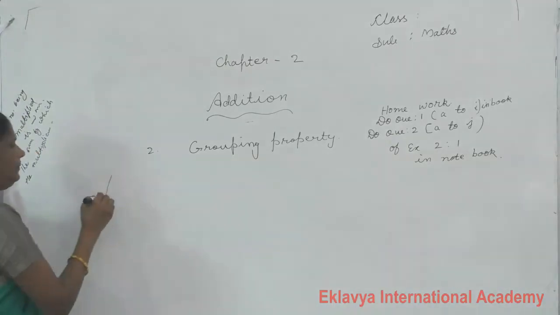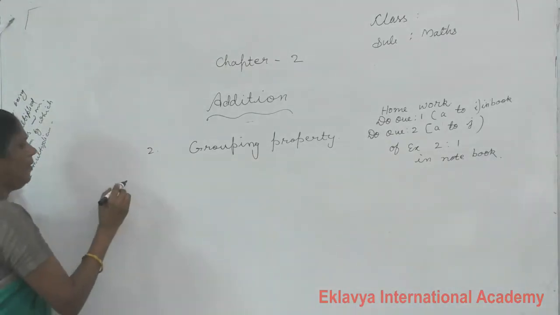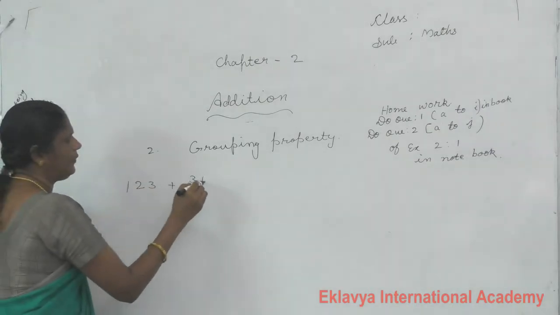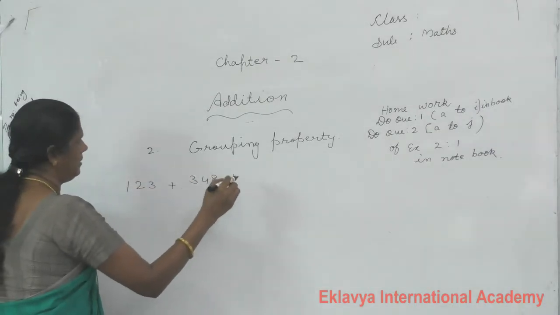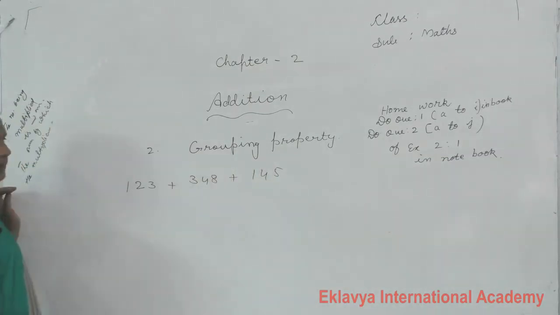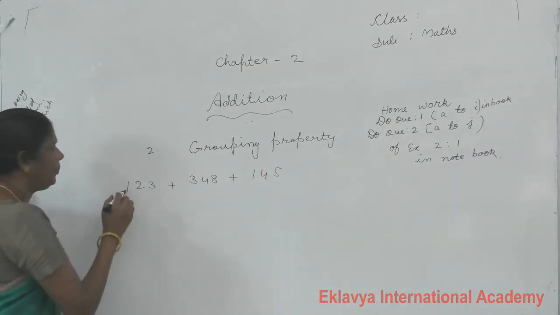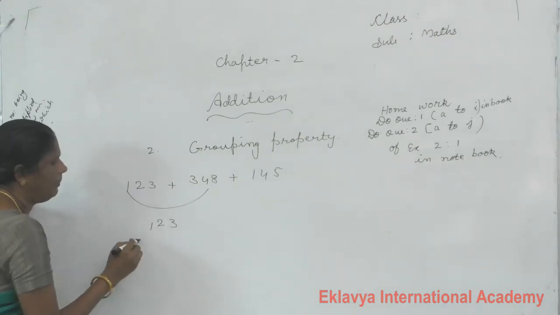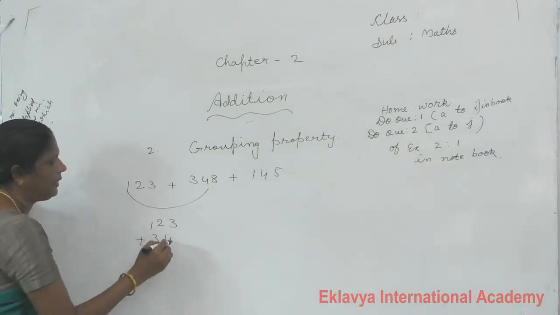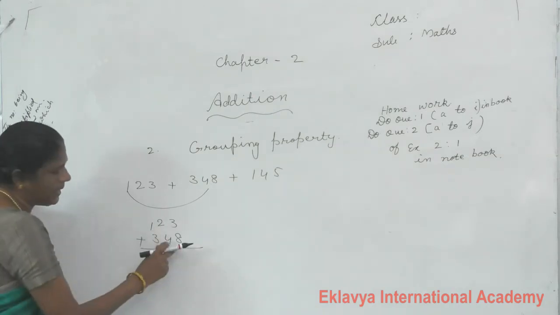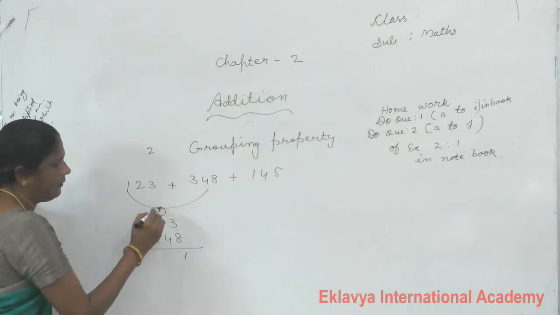For example, 123 plus 348 plus 145. First I group these two numbers, 123 plus 348. First add 3 plus 8, 11, carrying 1.